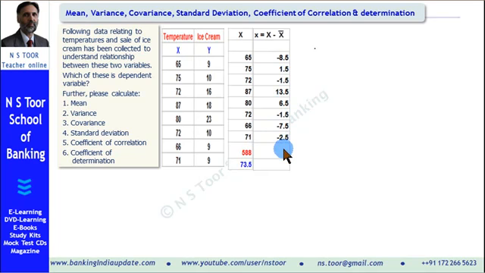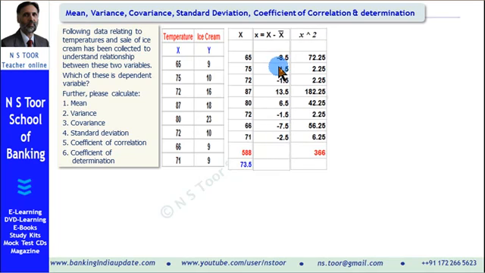If we add it up, we shall get the value 0. Third, now we shall square these values. We shall find out square of x. Minus 8.5 multiplied by minus 8.5, we get 72.25. In this way, we square all the items and this is the total of all these, 366.